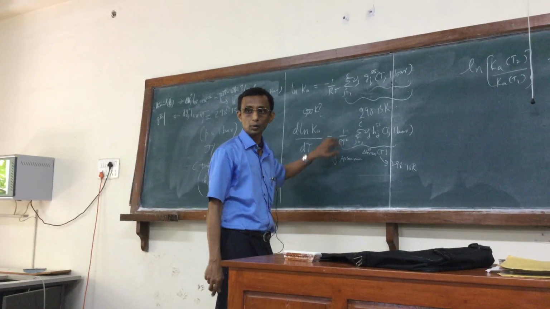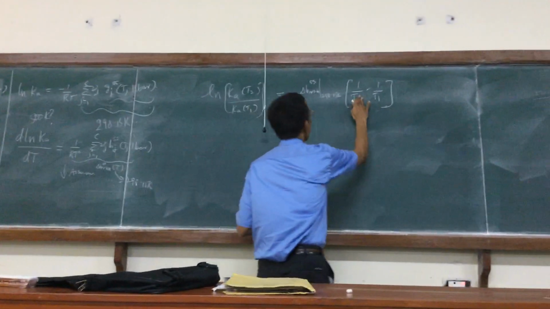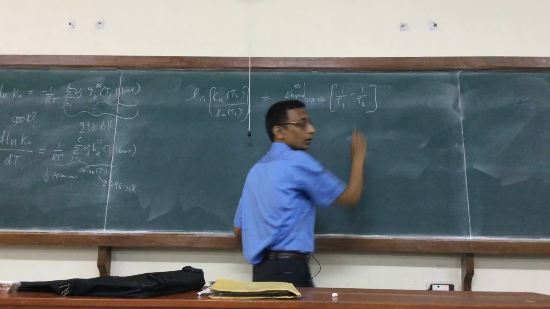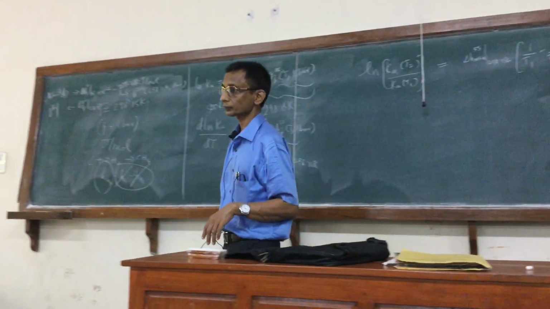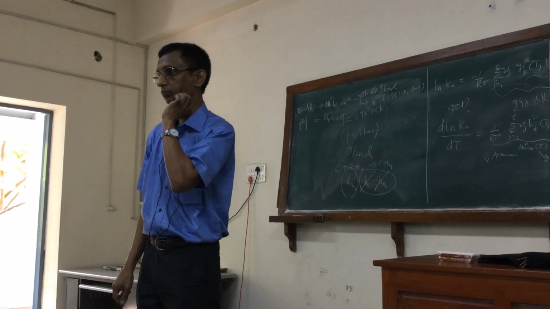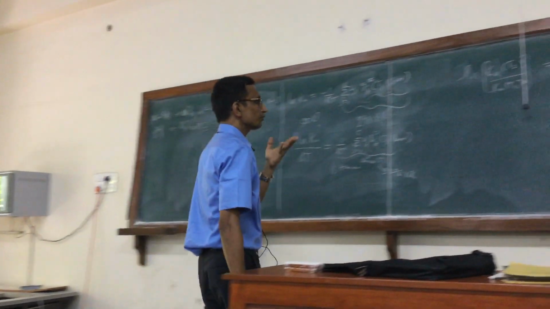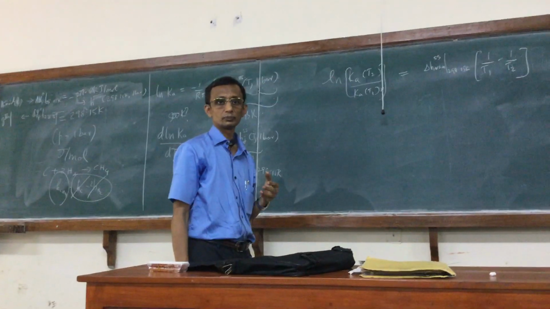All I have to integrate is 1 over RT squared. That's exactly 1 over T1 minus 1 over T2. So this will give you an approximate value.